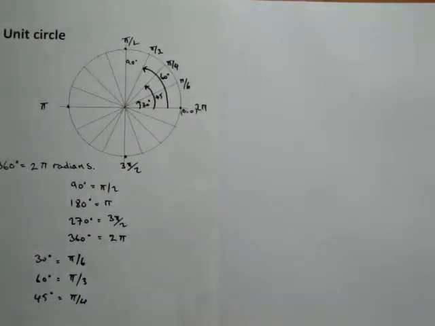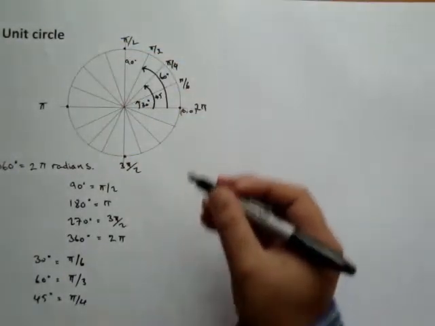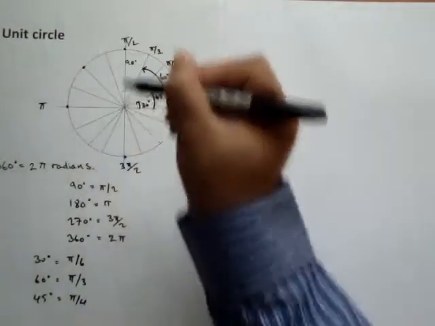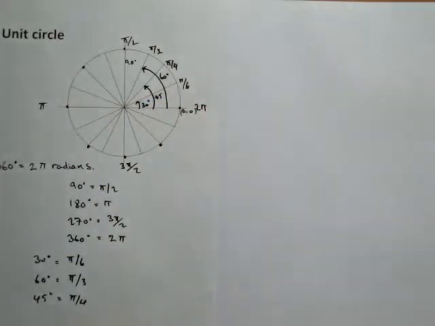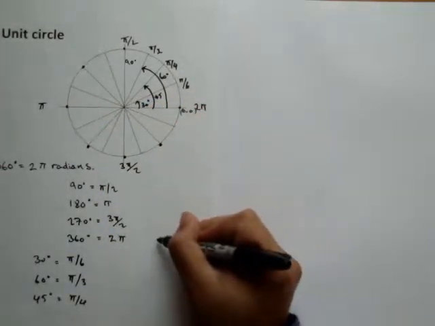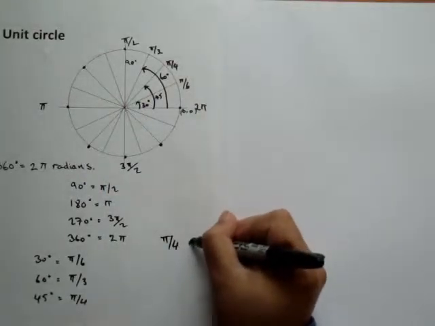So now all we need to do is go up in multiples for the 45 degree lines, which is here, here and here. We need to go up in multiples of pi over 4.